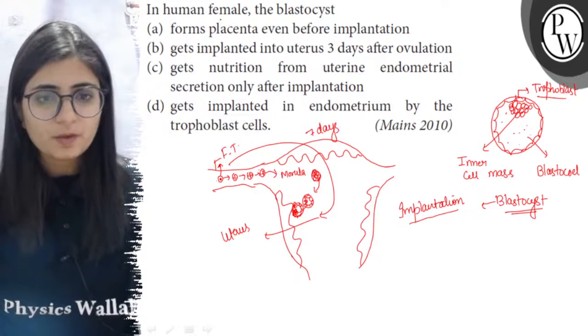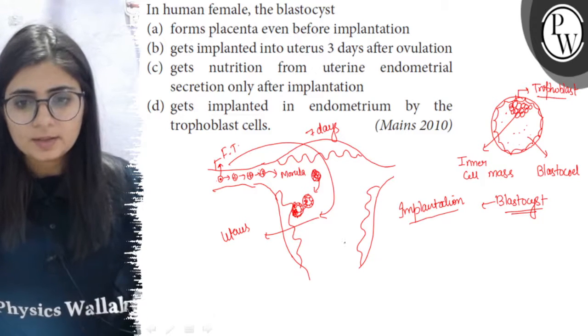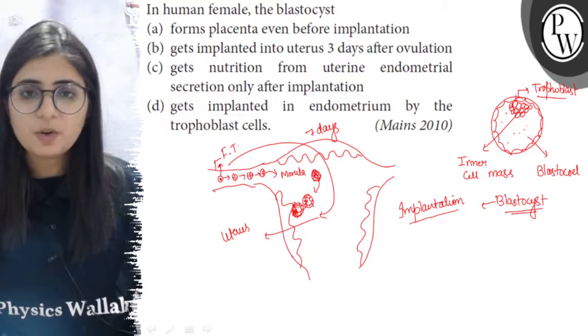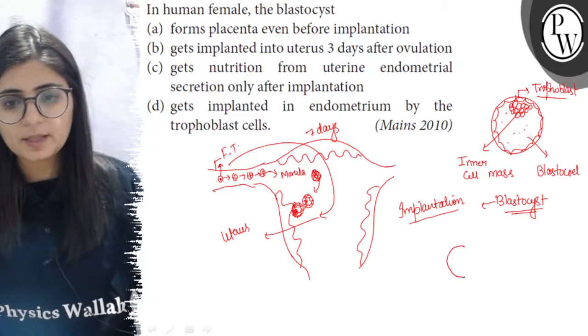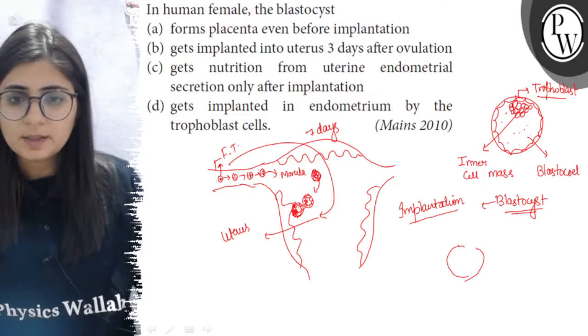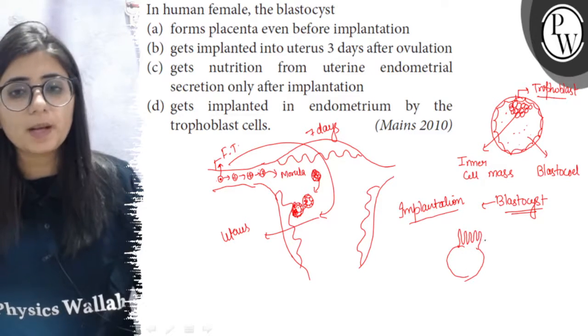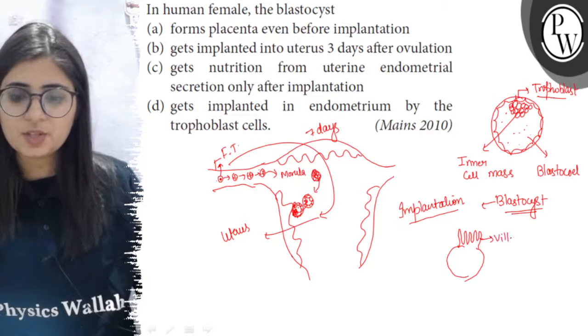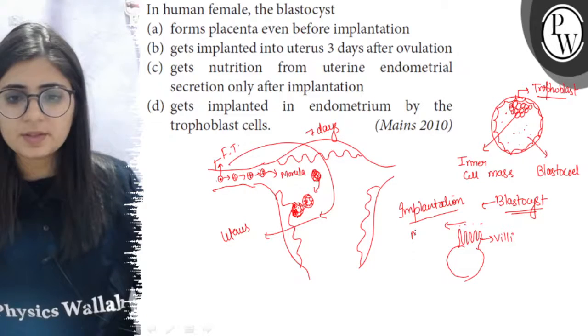Then after implantation, the formation of a structure called placenta begins. It is formed by villi-like structures, meaning the trophoblast forms finger-like projections known as villi, and on the other side there is maternal blood.